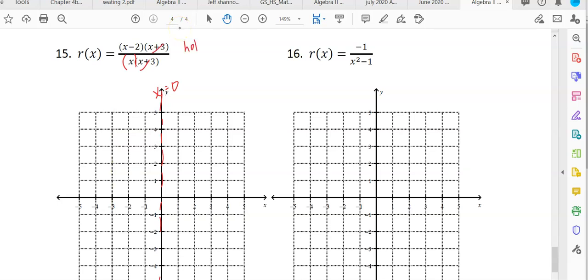So there's a hole at negative 3 comma something. I've got to plug that in to see what it is. So my new equation is y equals x minus 2 over x. So if I plug in negative 3, I get negative 5 over negative 3, which is positive 5/3. So negative 3 comma 5/3 is like right about there. There's a hole in the graph.